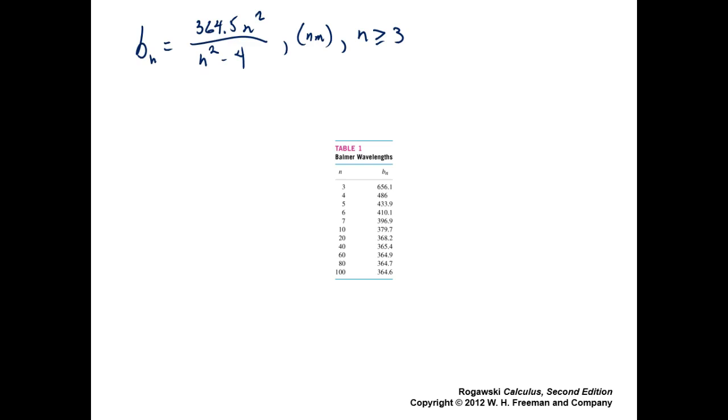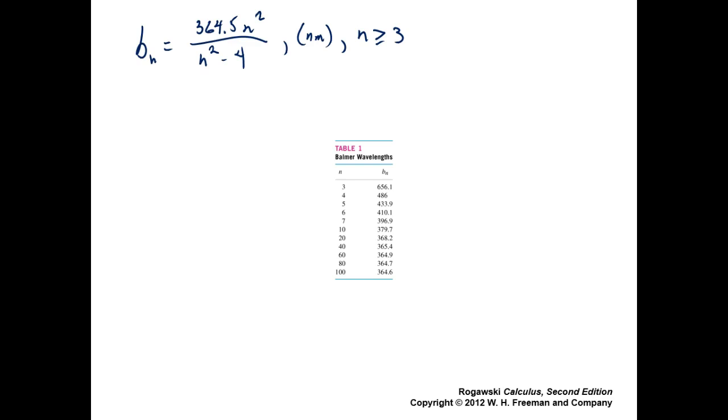Fantastic. Okay, let's do 5. 364.5 times 25 divided by 21. Seems like to me this would almost have to come up with a decimal, but we'll see. Get something close to this with more decimals.